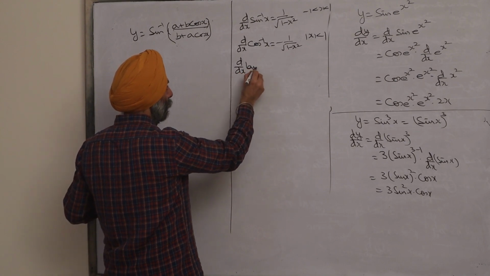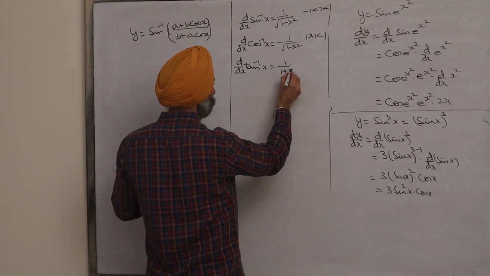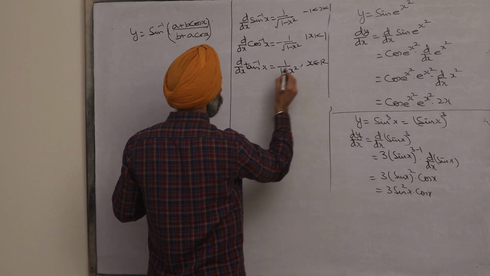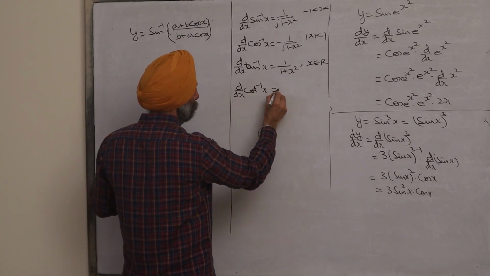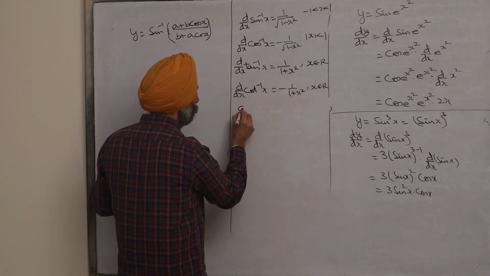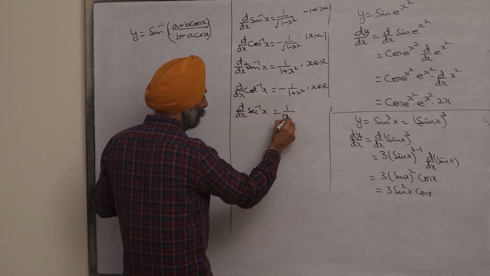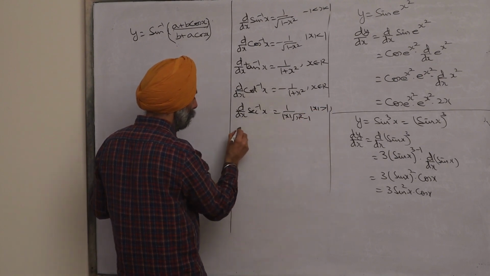d over dx of tan inverse of x is, what is that? It is 1 over 1 plus x square, when x belongs to R. And d over dx of cot inverse of x is minus 1 over 1 plus x square, when x belongs to R. Then you have d over dx of secant inverse of x is 1 over mod x into under root of x square minus 1, when mod of x is greater than 1.